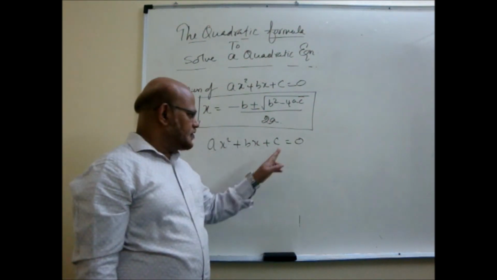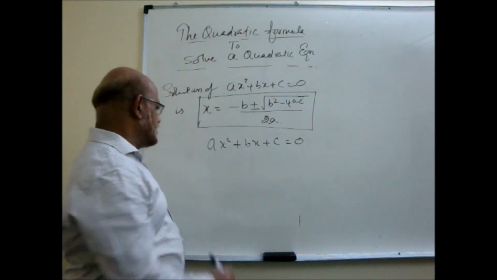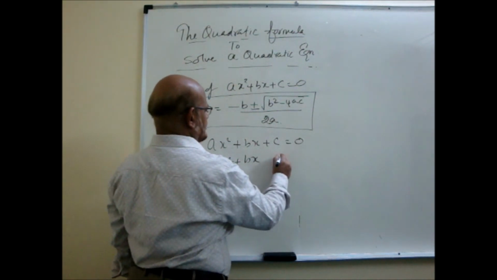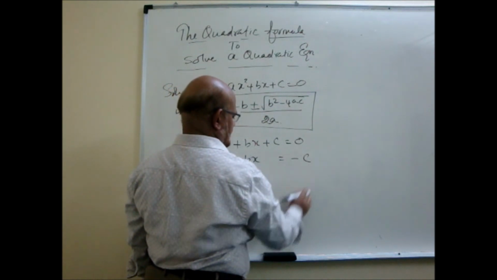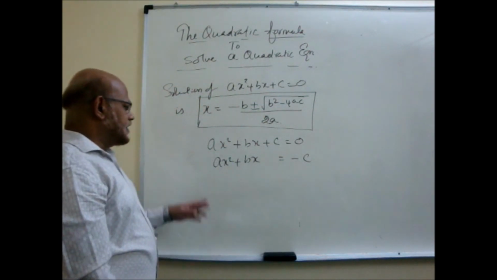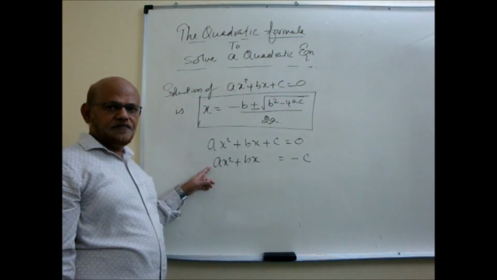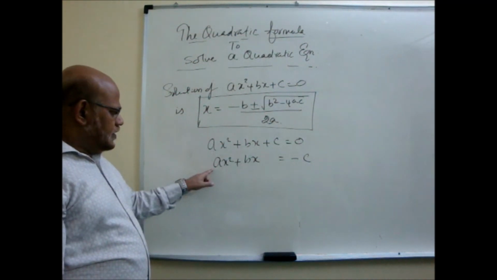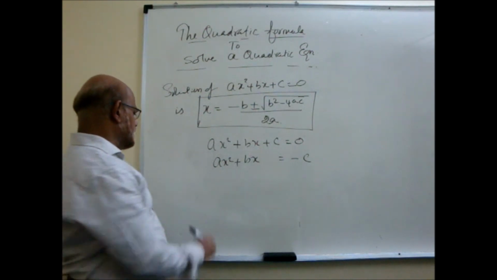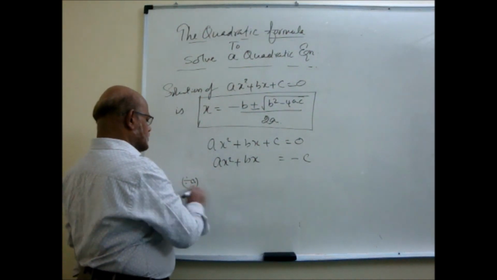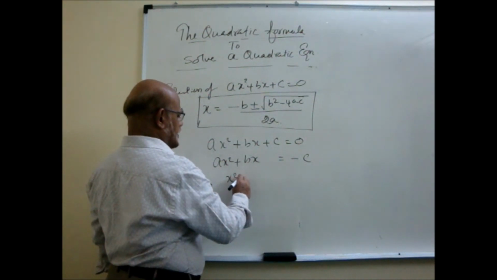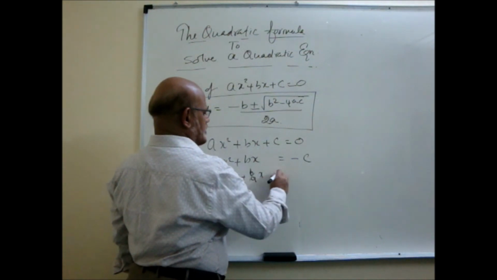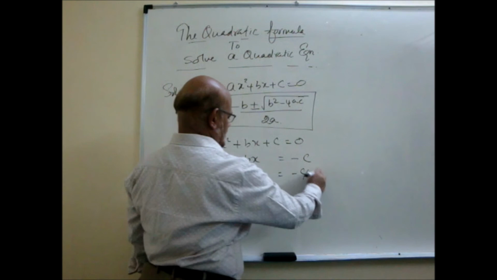First step, transpose the constant to the other side, so ax square plus bx is equal to minus c. Then make the coefficient of x square 1 by dividing throughout by a. So it becomes x square plus b by a x equal to minus c by a.